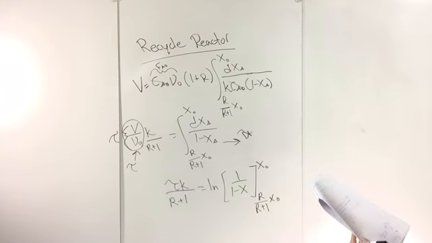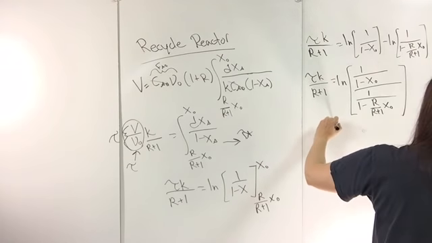The next thing I want to do is combine these natural logs, so this is equal to 1 over 1 − X_0 divided by 1 over 1 − R over R + 1 X_0.